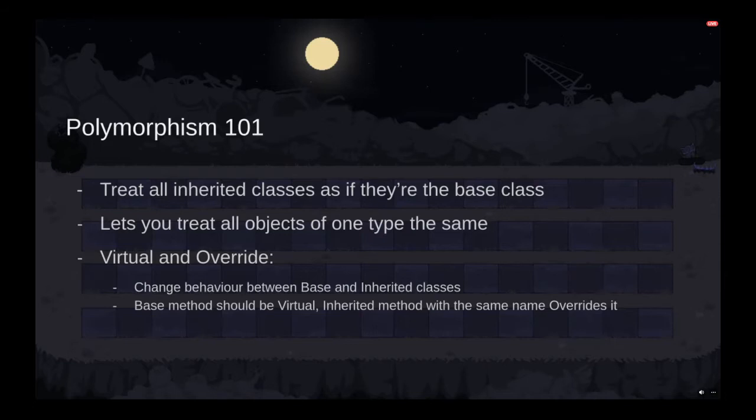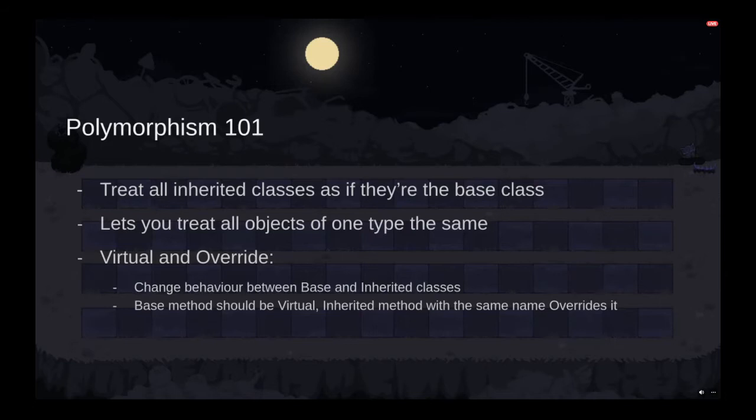So instead of doing whatever the base class does, it does something different. And in that override function, you can also call the base version of that function. So if you need to say do whatever the base class does and also move to the right, or also whatever other thing you need your function to do, then you can add that with an override as well.